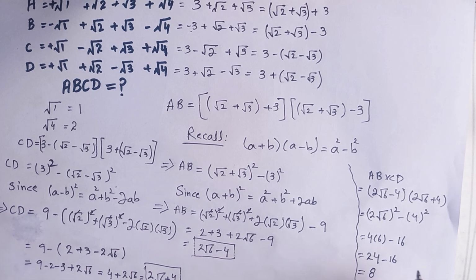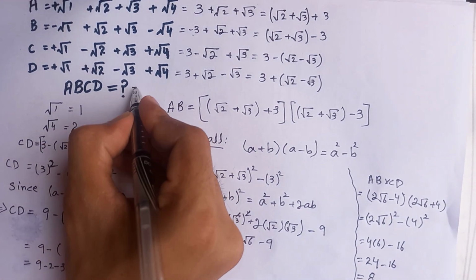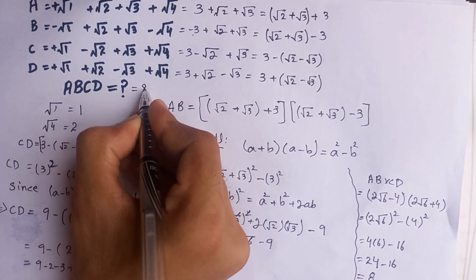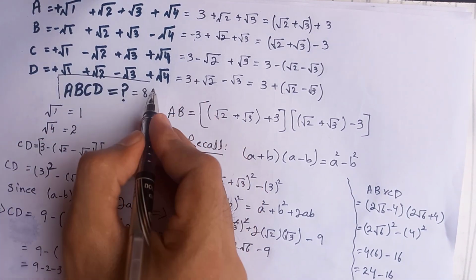So the value of the product abcd is equal to 8. So this is our final answer.